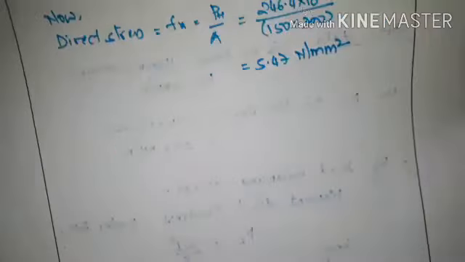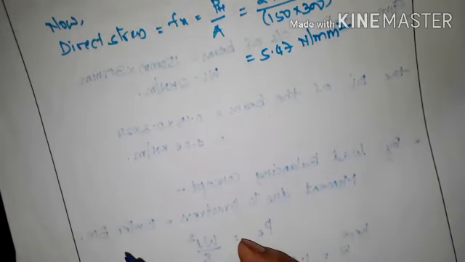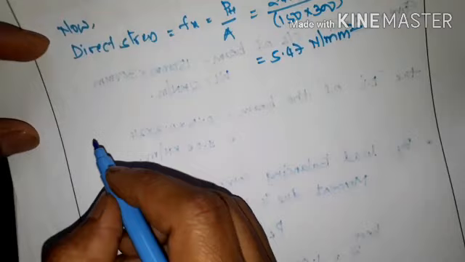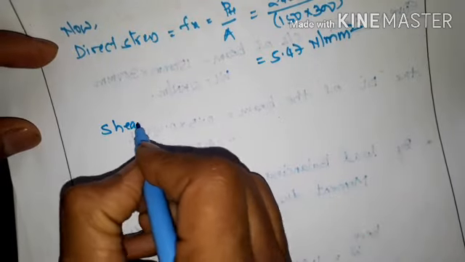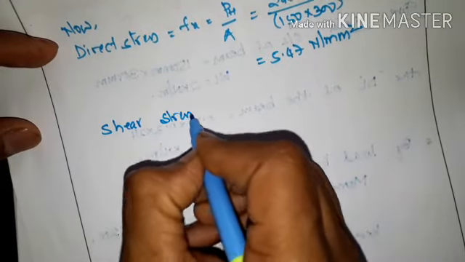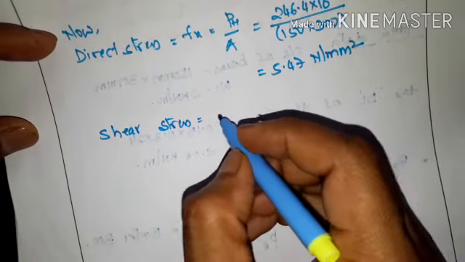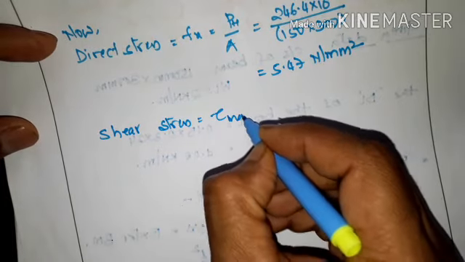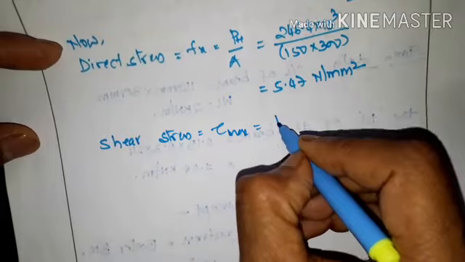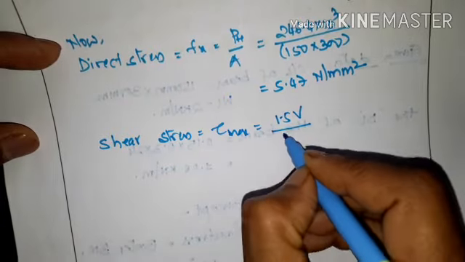Then shear stress, tau max is equal to 1.5 times V upon BD.